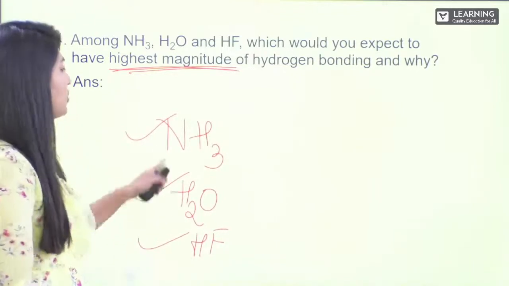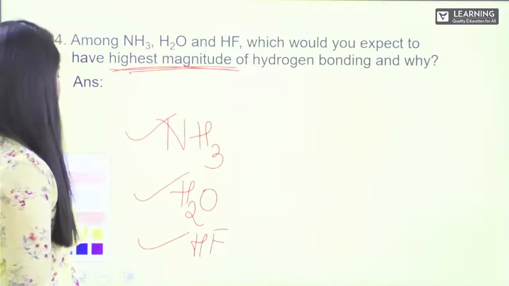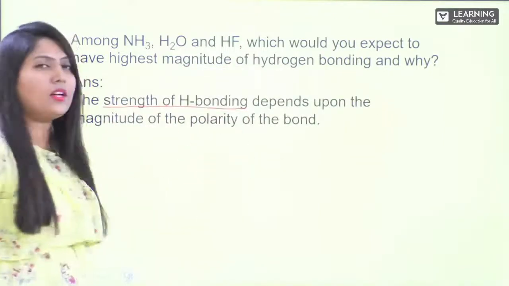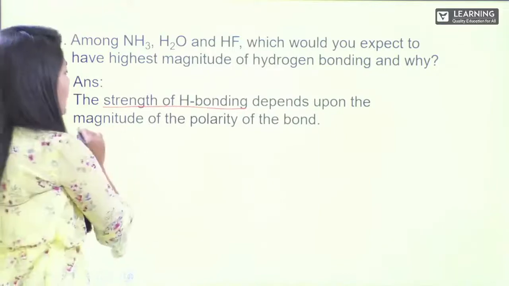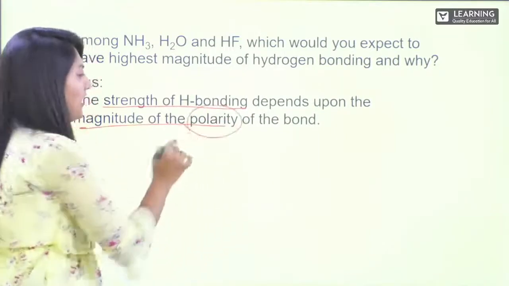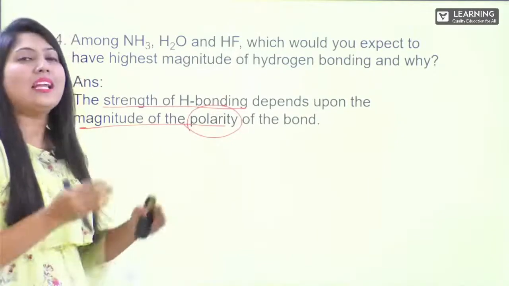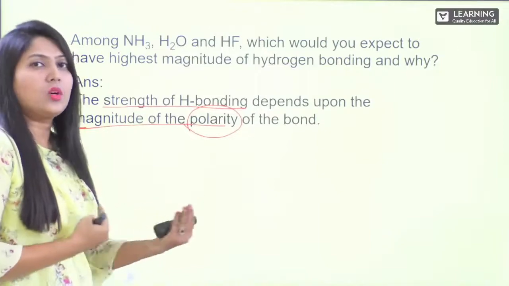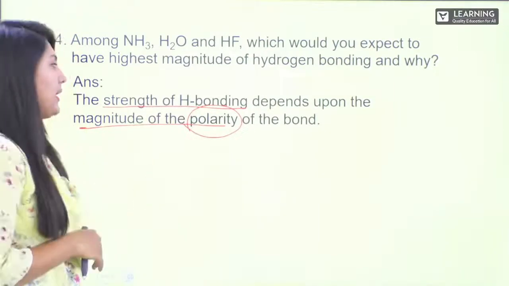For this, you need to know about electronegativity. We'll check this answer. The strength of hydrogen bonding depends upon the magnitude of the polarity of the bond. What do you mean by polarity? From where does it come? It depends on the electronegativity and electropositivity of the atoms which are combining, right?